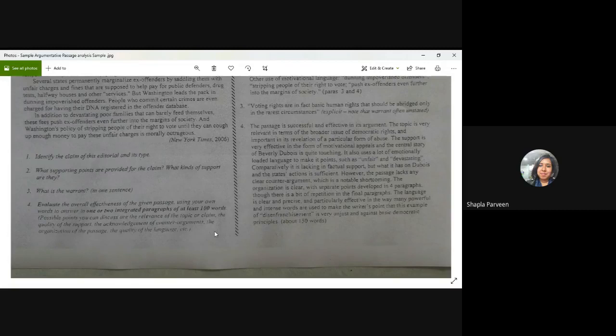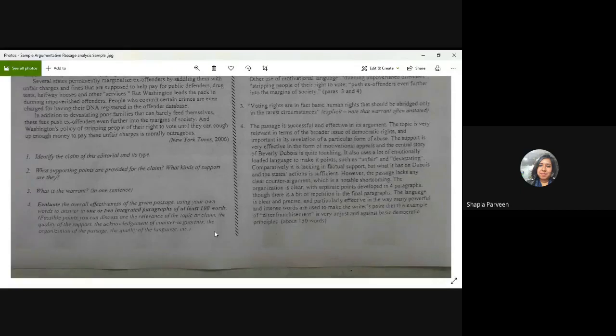Then the following point is acknowledgement of the counter arguments. So usually an argumentative passage or essay should have counter arguments. Sometimes the counter arguments can be missing. So please read the passage very carefully and identify whether there is a clear counter argument or not. In this passage, in this example, actually there are no counter arguments mentioned.